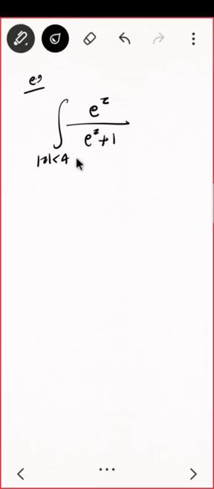If you want to solve this integration, can I apply my Cauchy integral formula here? No, because for the Cauchy integral formula, in the denominator, whatever the pole is, I need to have it in the form (z minus something) raised to n, and I won't be able to write this in that form.